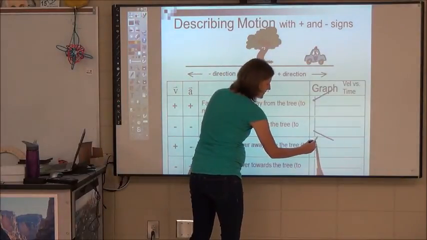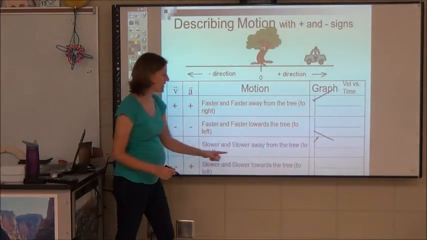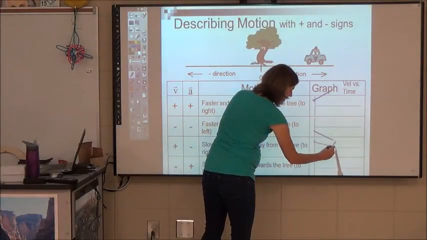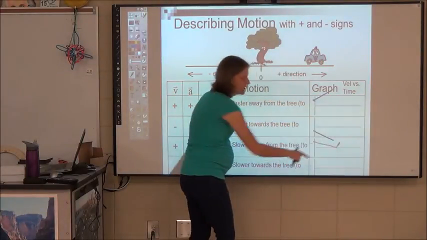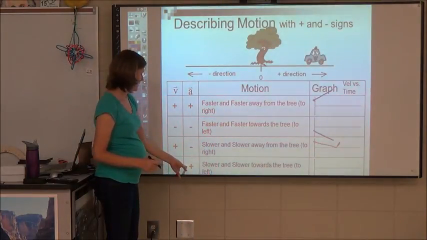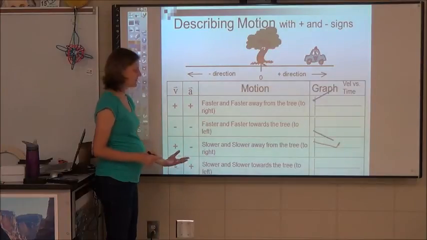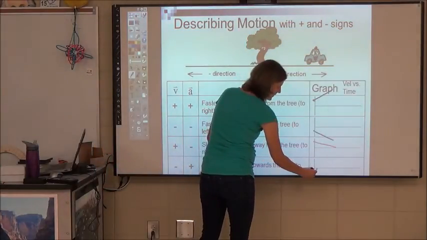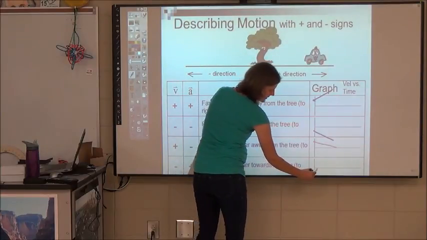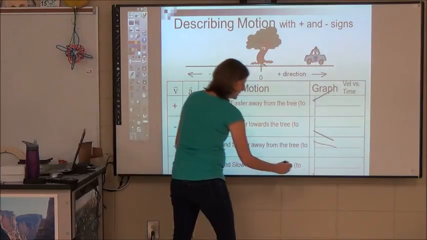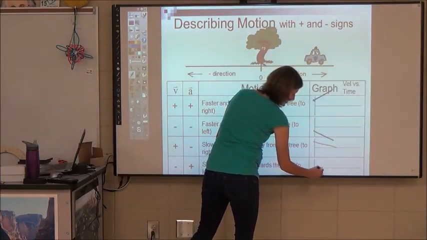So it did start with a positive velocity, so I do need to start my velocity graph up here, but it's going to slow down until it stops. Negative velocity, positive acceleration starts out going negative, left. So negative, start my velocity down there. But it's slowing down until it reaches a velocity of 0.